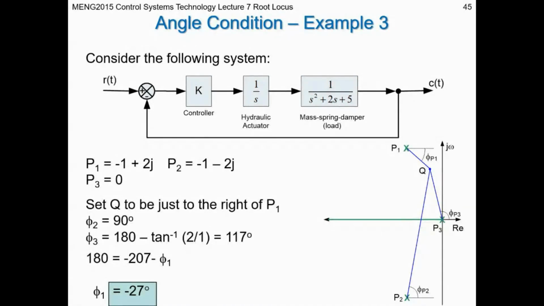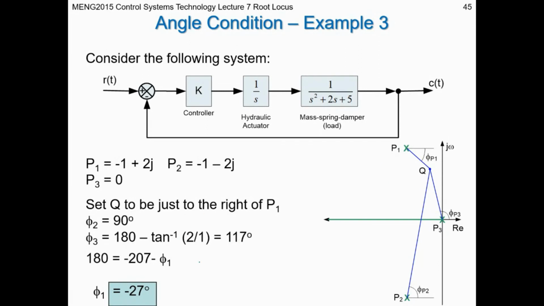So if we assume that, then based on what we've just done in the last couple of examples, we calculate the angles. Phi P2 is going to be 90 because it's the complex conjugate. Again, it doesn't look like 90, but this is just exaggerated for illustrative purposes. And then phi P3, this angle here, using our tangent rule, is 180 minus inverse tan 2 upon 1, so 117 degrees, just slightly more than 90 degrees.